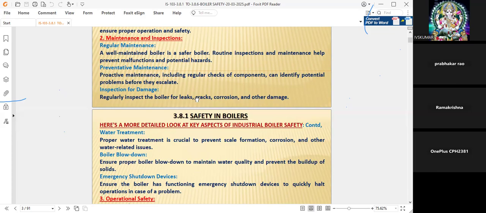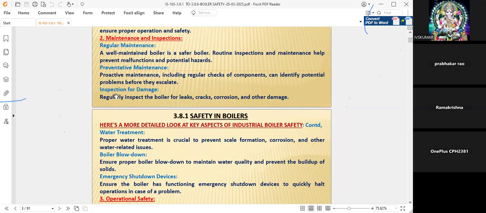Immediately, they say, please come, sir, you will attend this. Please do the inspection and carry out a sudden inspection, because this is not a scheduled inspection. We have attended to some of the pipes and some of the corrosions.